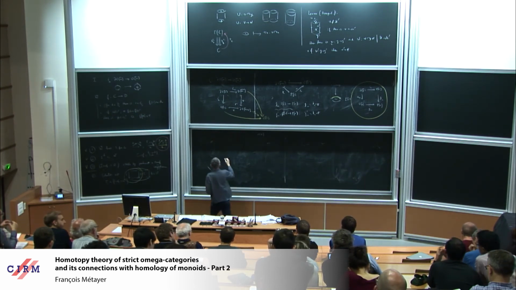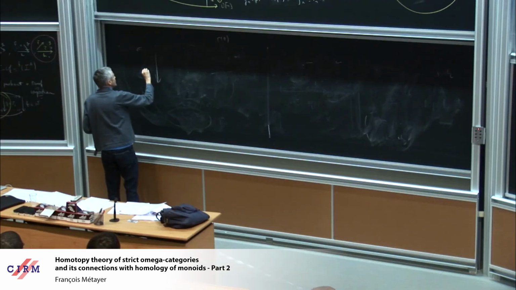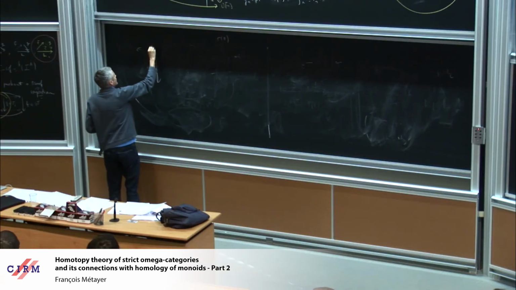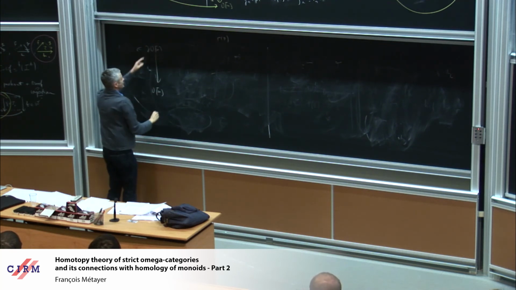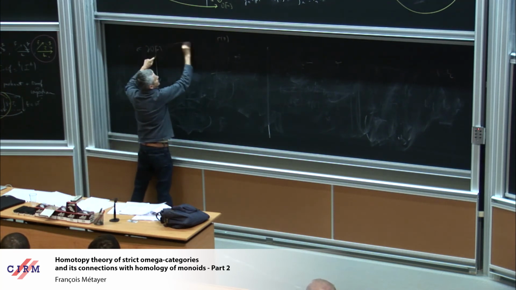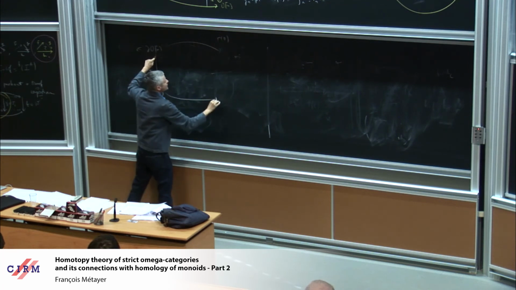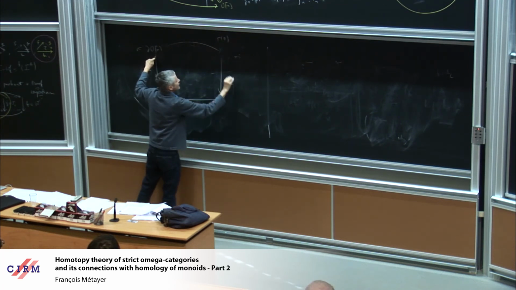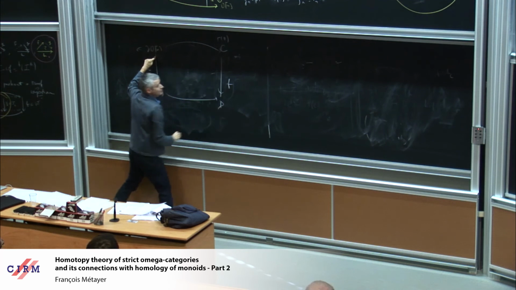So what you get is this. Suppose you have a commutative square, with F a weak equivalence here.